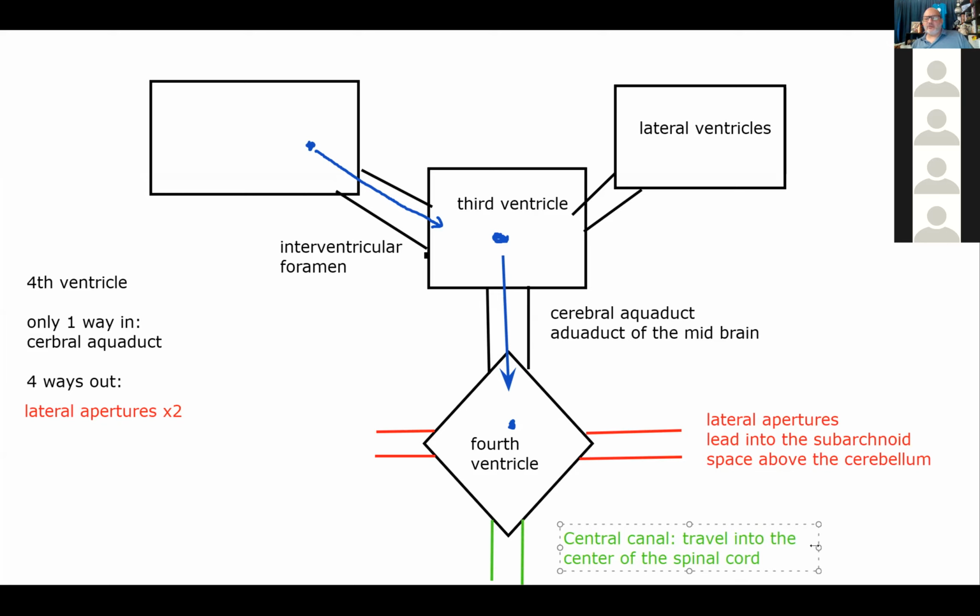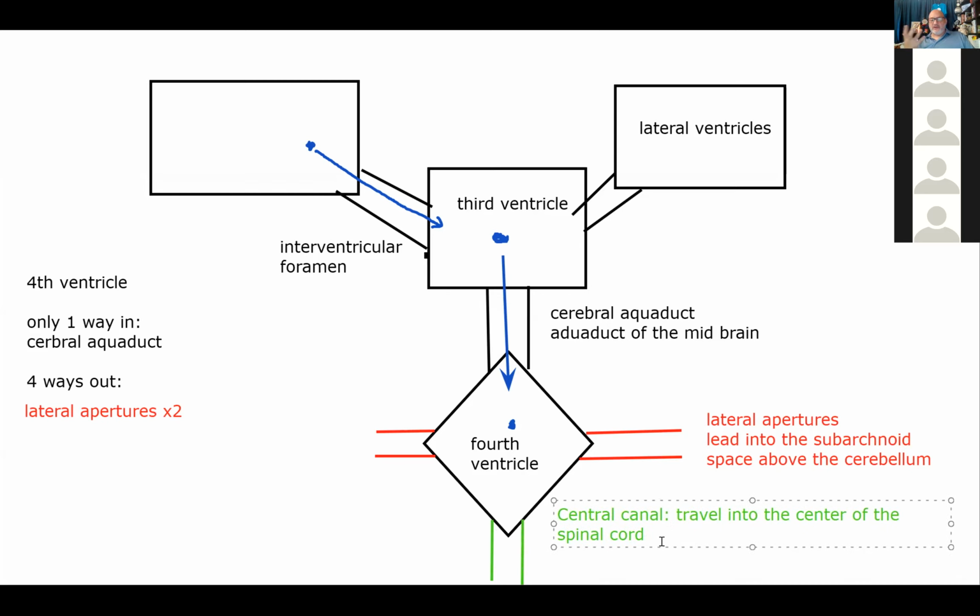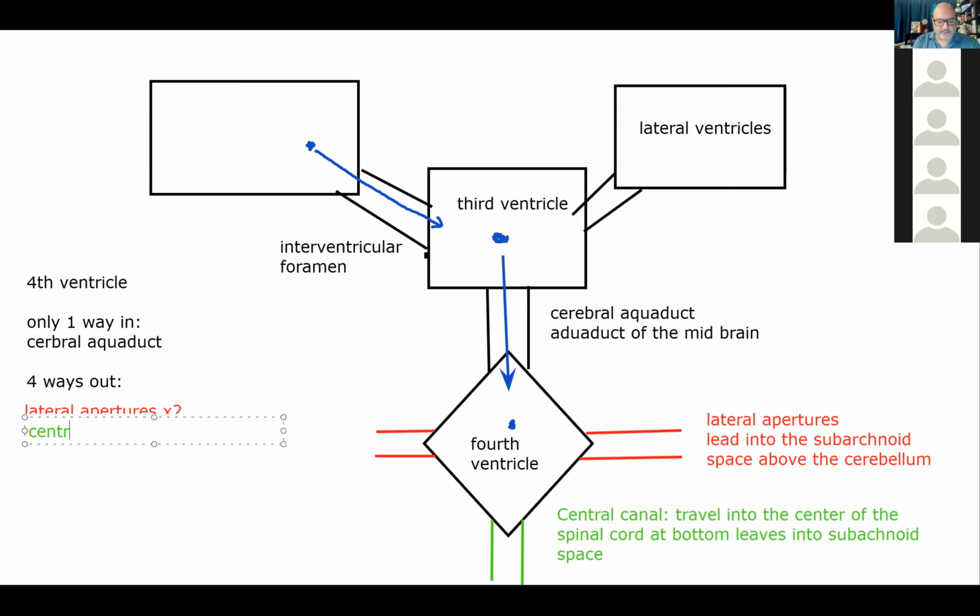Now, obviously, the goal isn't to fill up the spinal cord with cerebral spinal fluid. So when you get to the bottom, it actually leaves and ends up in the subarachnoid space. So, central canal.